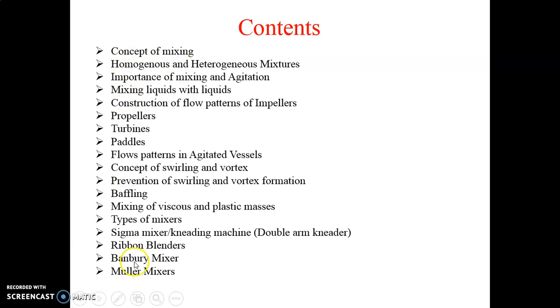Out of these contents, the concept of mixing, homogeneous and heterogeneous mixtures, importance of mixing and agitation, mixing liquids with liquid, and construction and flow pattern of impellers, that is propeller, turbine and paddles. So these points we will discuss in today's lecture.